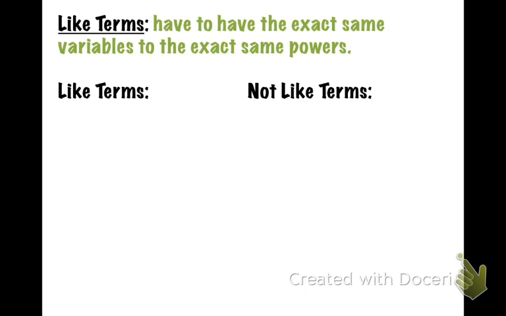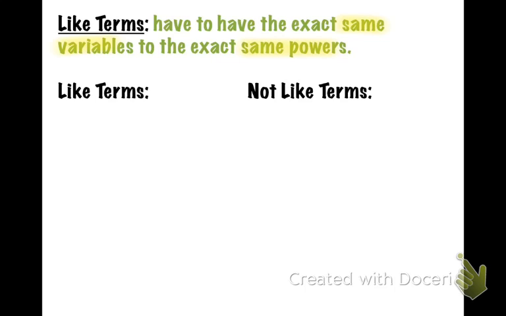Remember that like terms have to have the exact same variables to the exact same powers. That is super important. Just because they're both x's doesn't make them like terms. If one is an x to the third and one is an x to the fourth, they're not like terms.